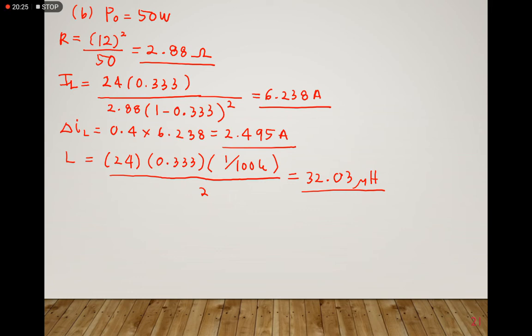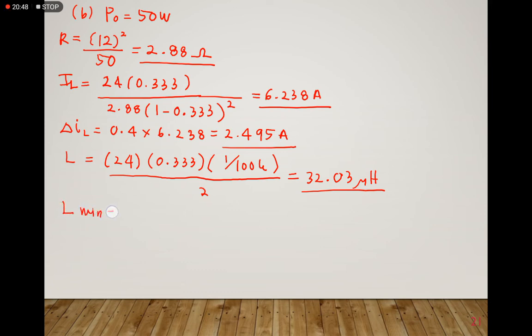So how to do that? By using the L-min equation. If the L that we get, 32.03, is greater than L-min, we know that our converter will still operate in CCM. If not, it will fall into DCM. So you need to calculate the value of your L-min first.